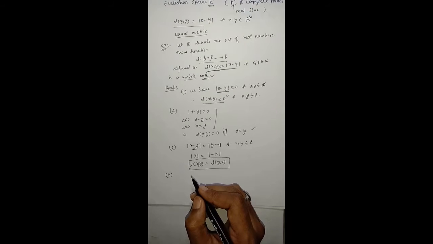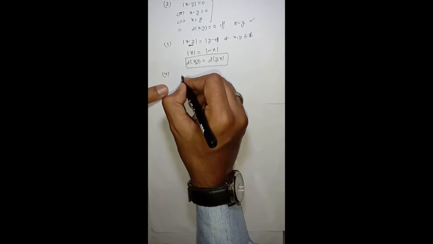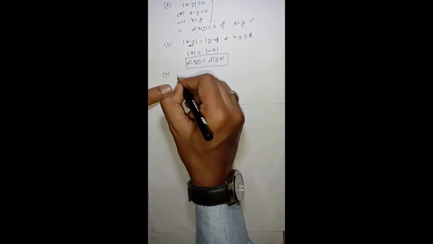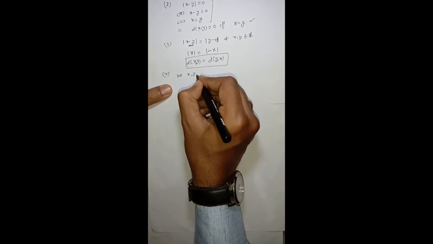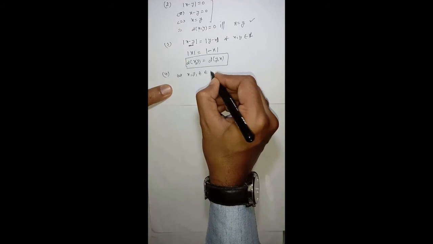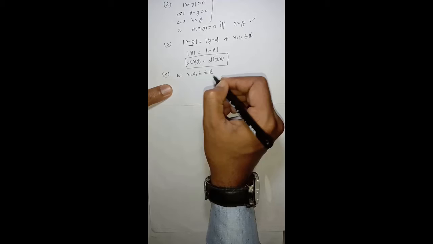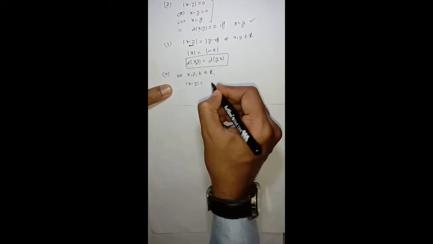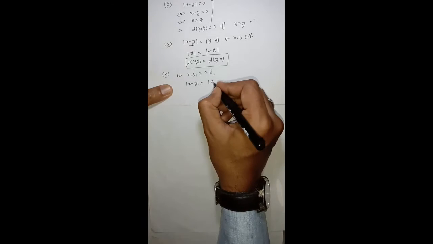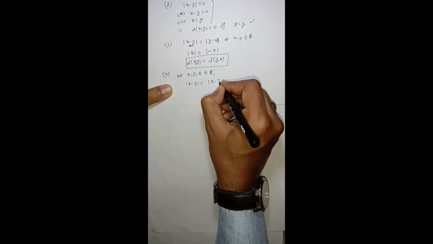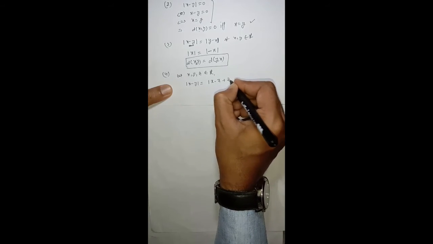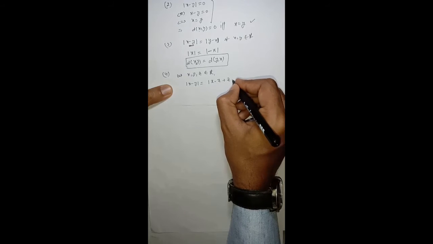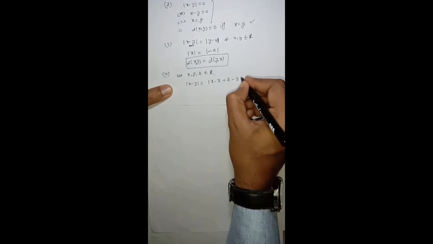Now the fourth one, the triangle inequality. Let x, y, z belong to R. So we have mod of x minus y is equal to mod of x minus y if we subtract a point z and add the same point in the mod.